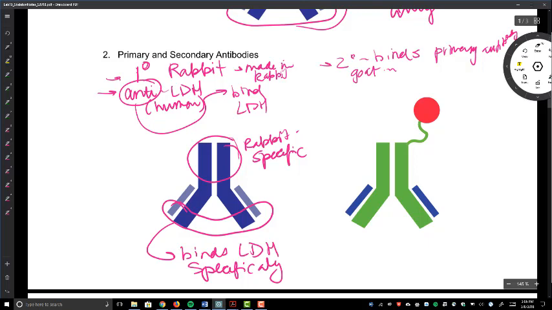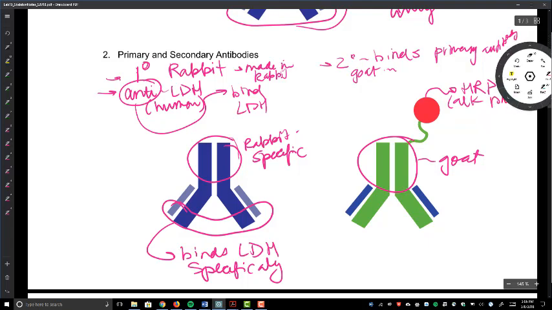That means it was made in a goat, but that's irrelevant. Well, not necessarily. That means that this part of the antibody comes from a goat. And it's conjugated to HRP, or horseradish peroxidase, and sometimes we've also used alkaline phosphatase.